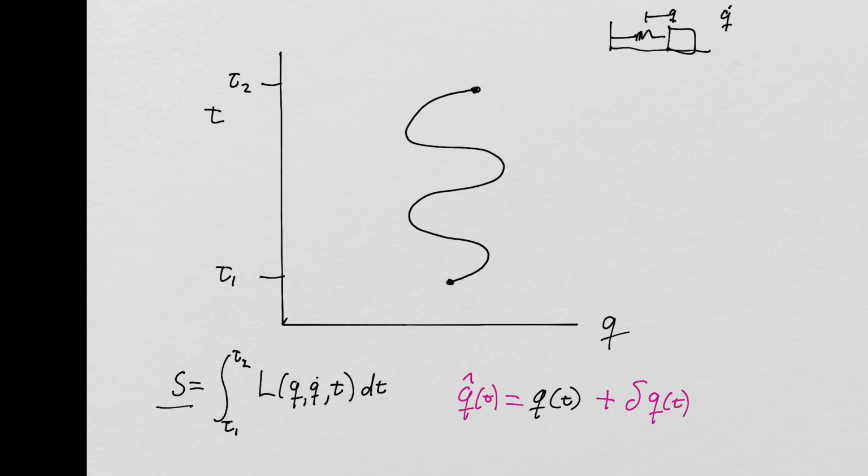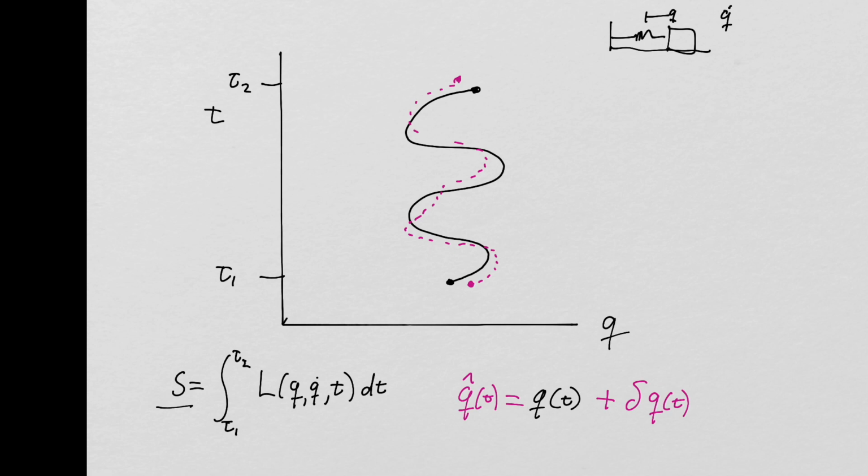And Q hat of time differs from Q of time by a little bit at every time. And I can symbolize that in principle by drawing some other path that's sort of the same but not quite, right? It starts at a little different place, it ends at a little different place, and it may cross every now and then, but it's arbitrarily different, right? The point is this new path is arbitrarily different.